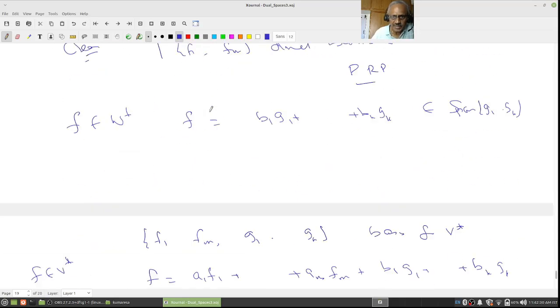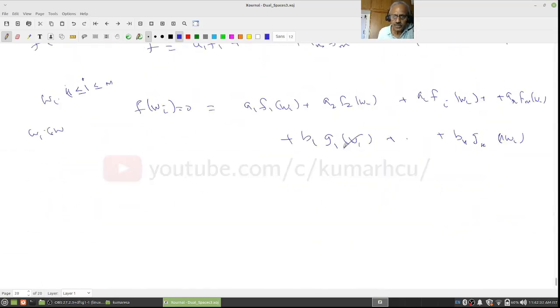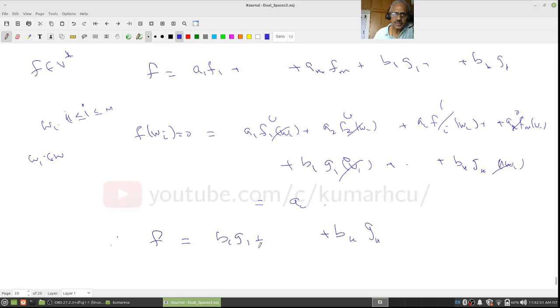You understand that? Therefore these are all 0, and similarly this is 0. Therefore what do I get? I get A is 0, but Fi of Wi is 1. Therefore F is actually B1 G1 plus BK GK. So what I have shown is that this is 0, this is 0, therefore it must be this.